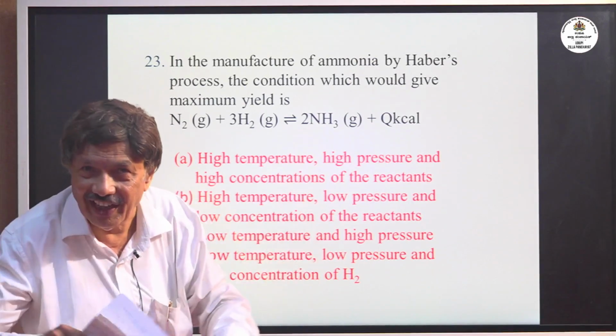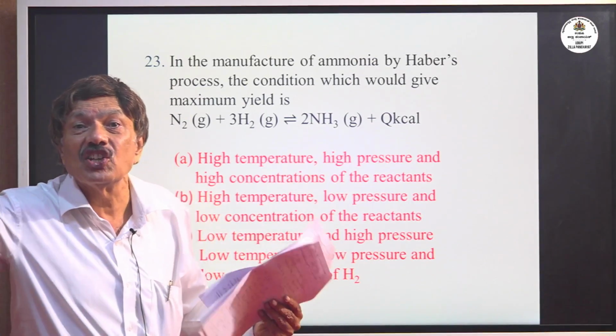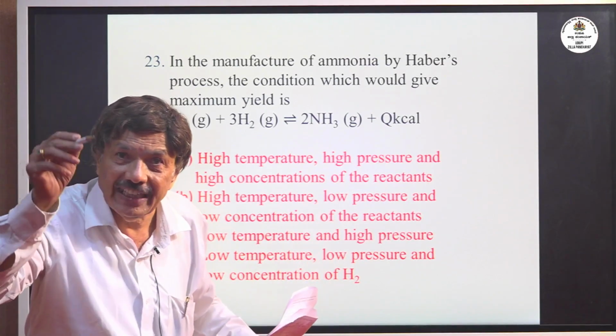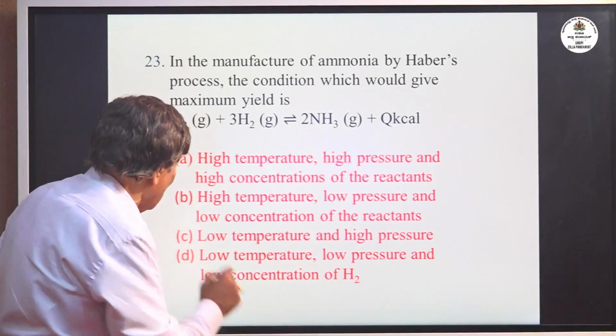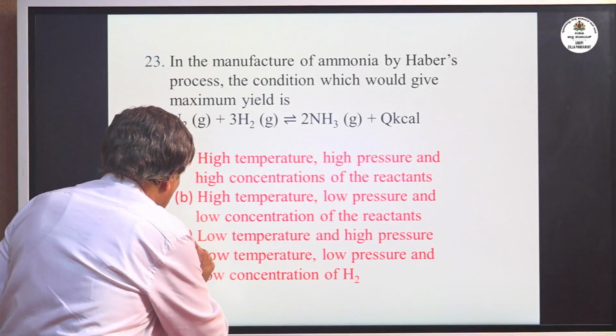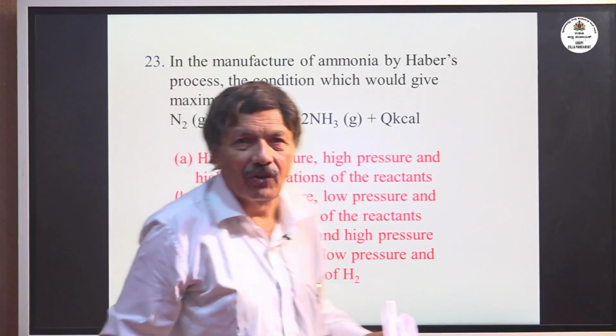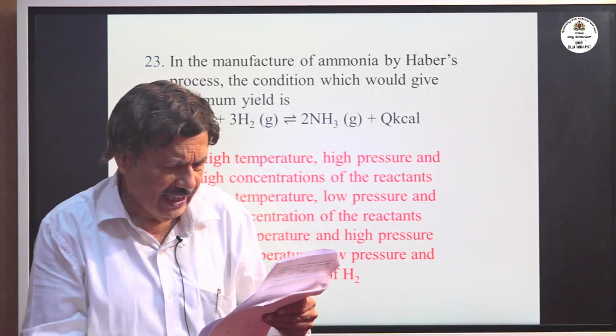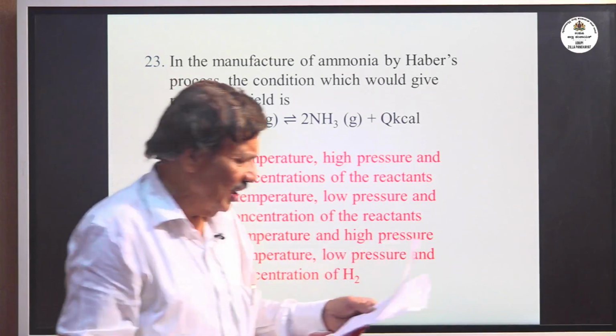So to favor such a reaction, you have to use high pressure. So low temperature and high pressure. Option C is the right answer. For ammonia formation, low temperature and high pressure are the two favorable conditions.